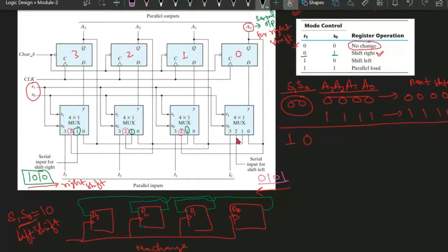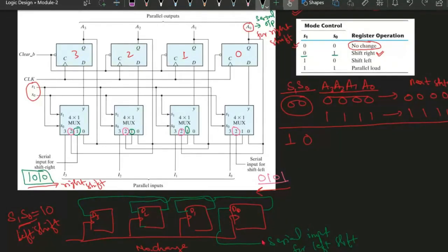Similarly, this 2 is the input for D0. And this 2 is connected to what? It is connected to the serial input. This is the serial input for left shift basically.